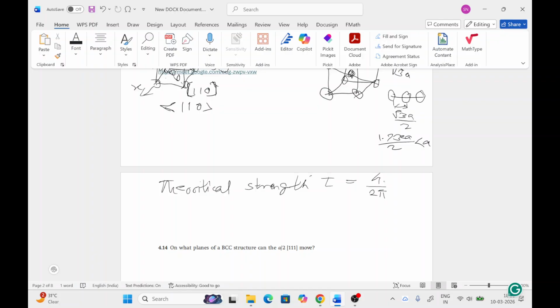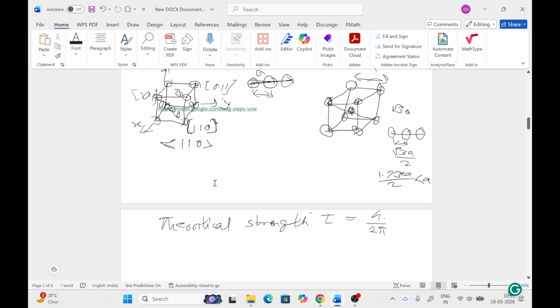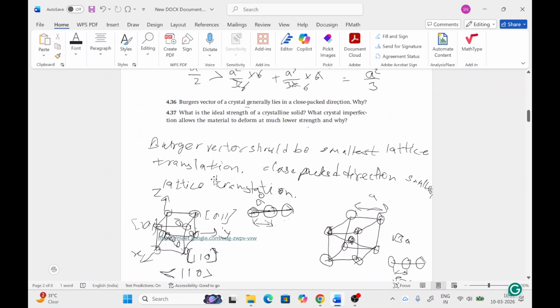So by motion using the Burgers vector magnitude, the smallest lattice translation, we can continue the deformation of the material. By step-by-step motion of the dislocation, we can easily deform the material. That's why the dislocation decreases the ideal strength of a crystalline solid.